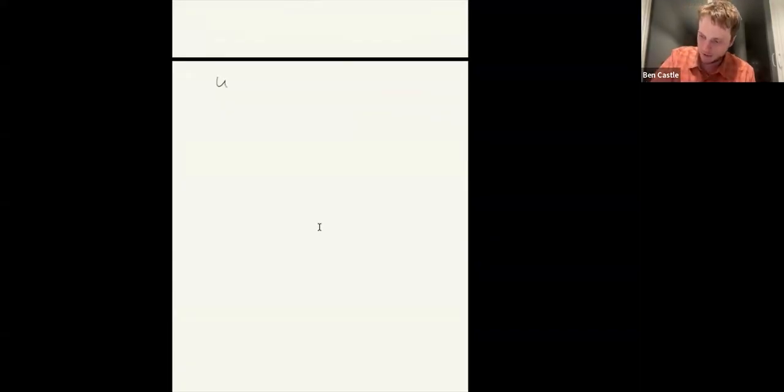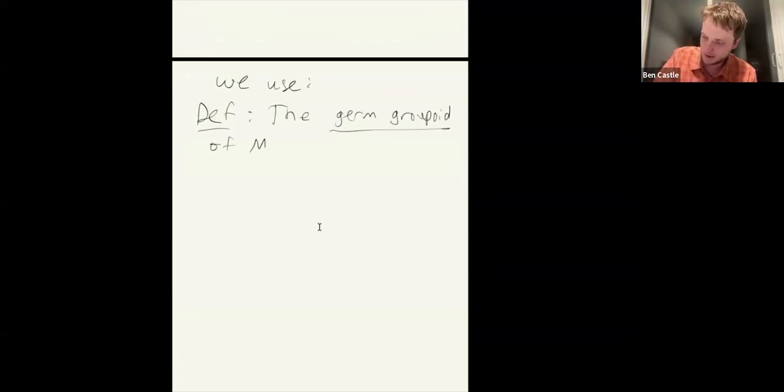So the germ groupoid of M is the category. It's a groupoid. If you know what a groupoid is, it's a groupoid. If you don't know what a groupoid is, it's a category. Defined as follows.